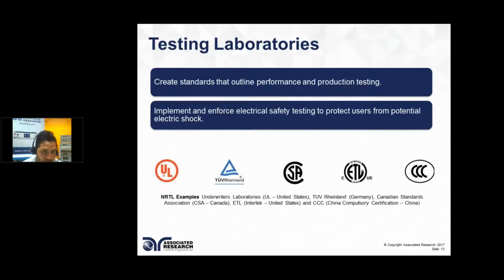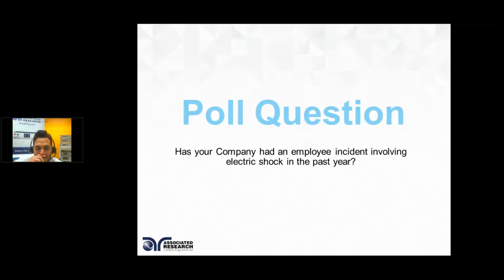So depending on where you want to sell, that kind of dictates who you should be testing with. Now, most labs will say our testing will make you compliant with the CCC or CSA, but you just might have to pay more to run different types of tests.